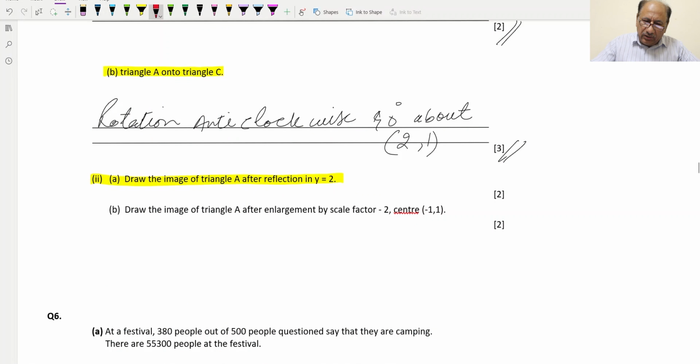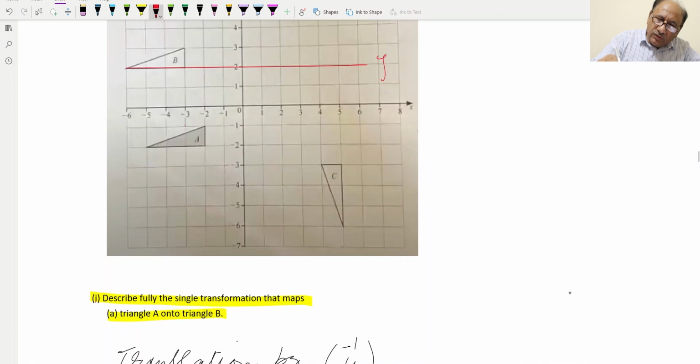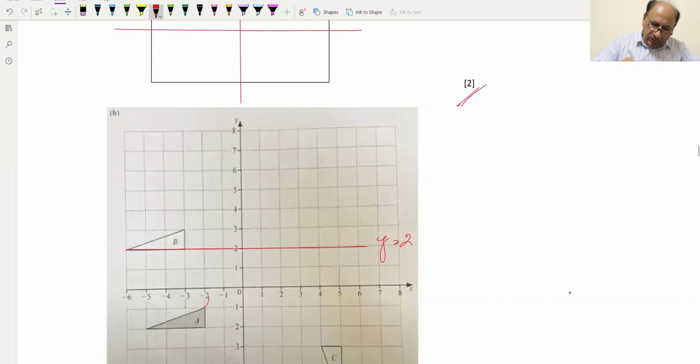Draw the image of triangle A after reflection in line y is equal to 2. So this is the y is equal to 2 line, and for reflection of A we can take 1, 2, 3 units up to the line.